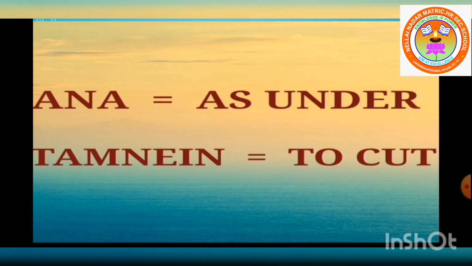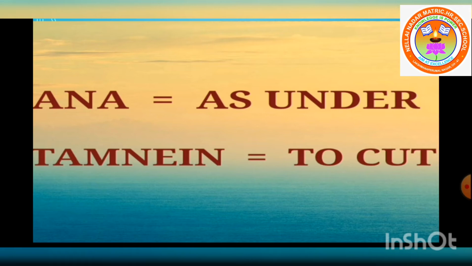Let me pass on to the definition of anatomy. So what is anatomy? It is the study of internal structure of organs and organ systems in plants as well as animals. Anatomy is derived from two Greek words, ana, meaning asunder, tamnin, meaning to cut.